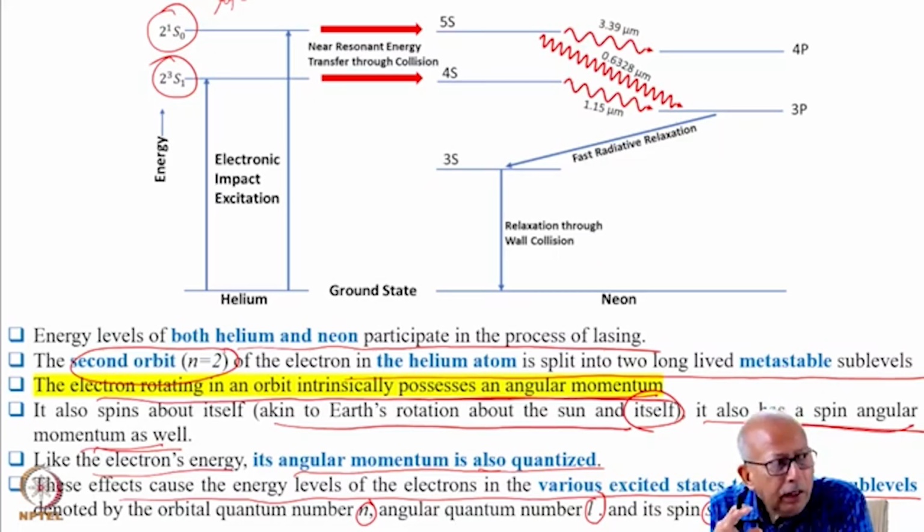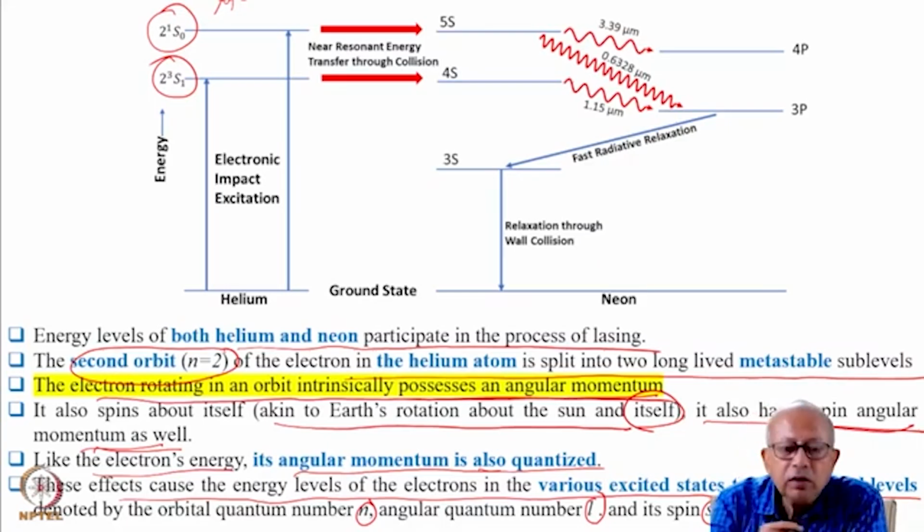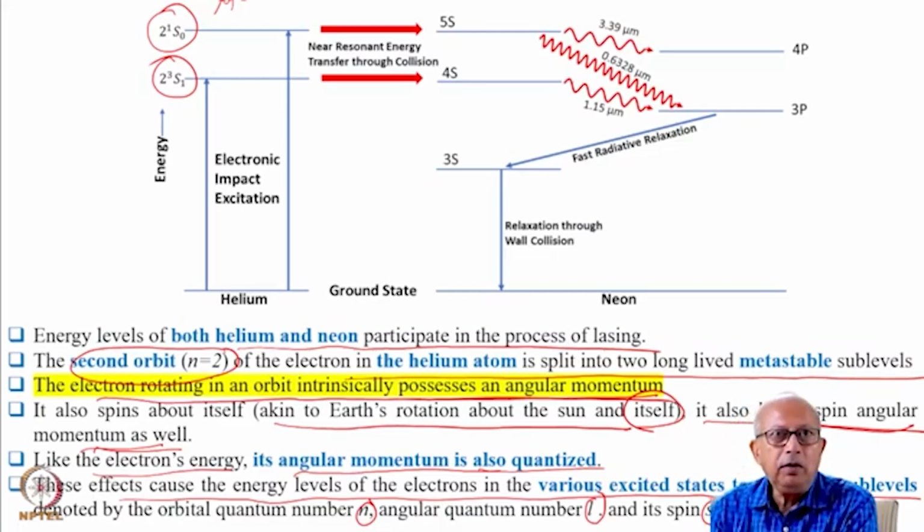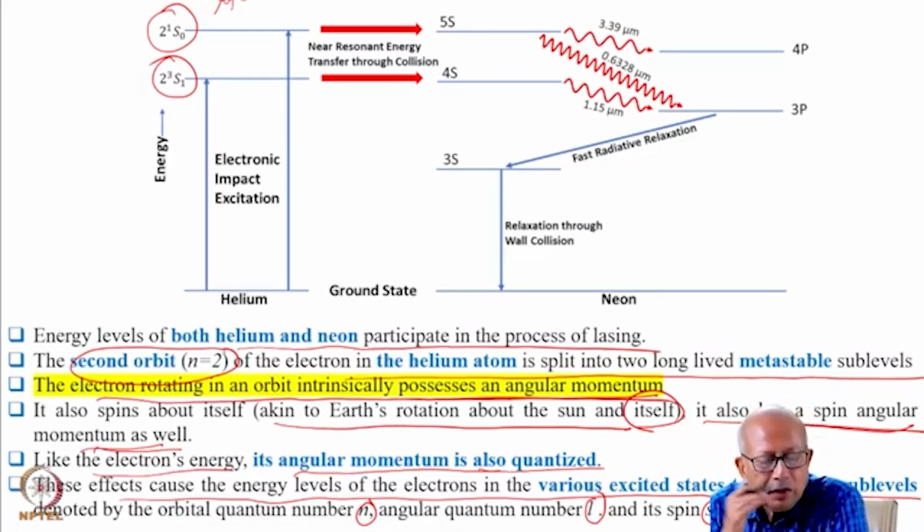Only remember that because of this, the energy levels are split into many sublevels, and often these sublevels are metastable. That means they do not very quickly relax to other levels.